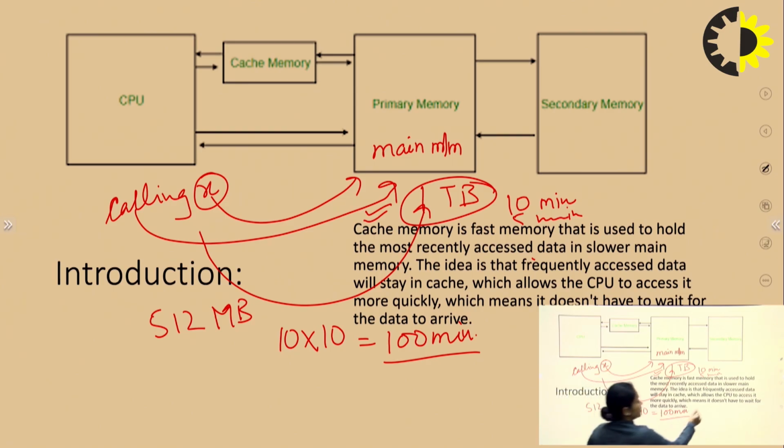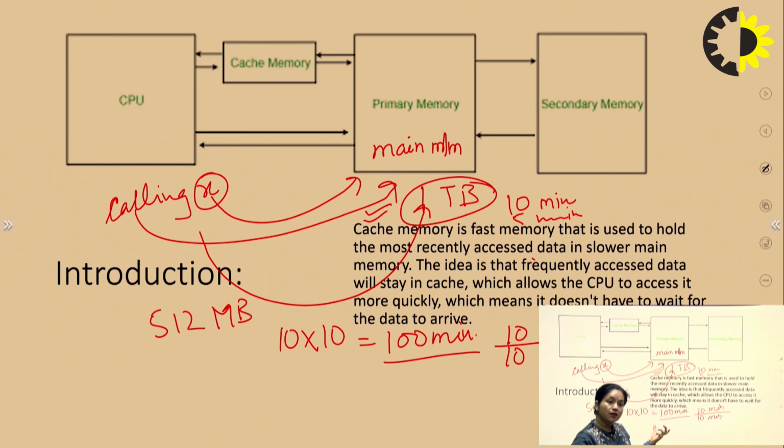Suppose it has taken 10 minutes like before. I am just taking an example of when we will place that data into the cache memory. But the system will see that X is being called again and again. It is like a subroutine or a loop, where the same data is called again and again.